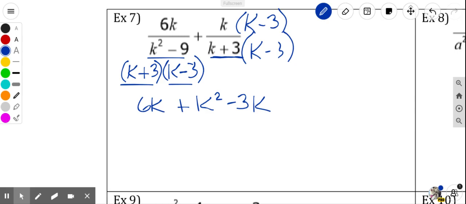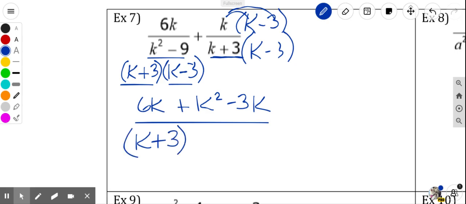So then we have up here, we're distributing this. So that's where the k squared minus 3k comes from. So the bottom is just k plus 3, k minus 3. Okay, so now, actually, I'm going to rearrange the top.